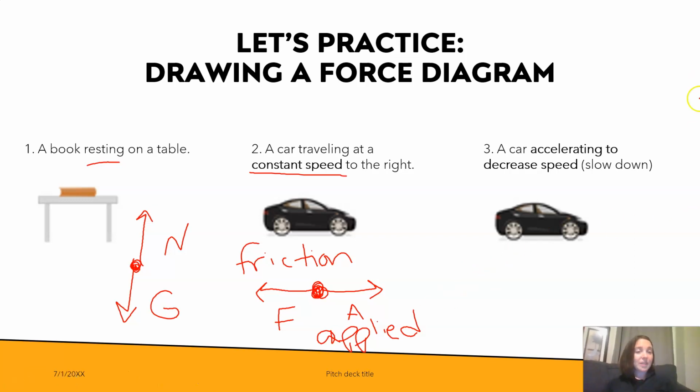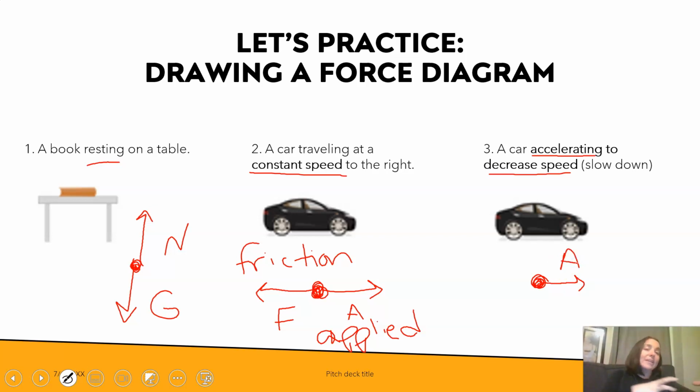Example 3. In here, we have a car accelerating specifically to decrease its speed. So it is moving to the right. However, the applied force is going to be shorter, so that motion to the right is actually going to be weaker than the force of friction.